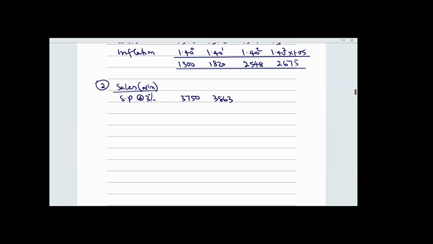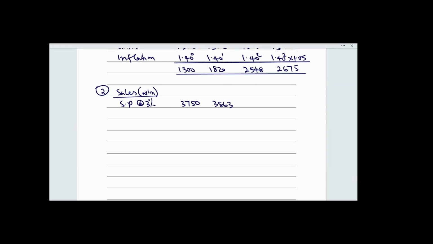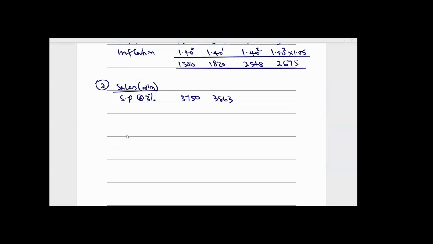The figure you have in your calculator, multiply by 1.03, equals 3,978. What you have in your calculator, multiply by 1.03, equals 4,098. So with this, we have inflated the selling price.